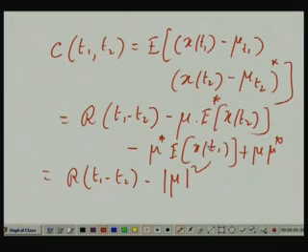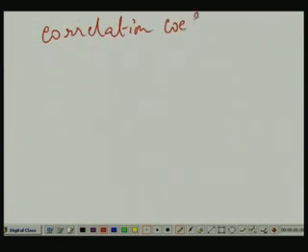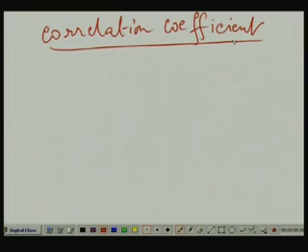Then there is some definition of correlation, covariance, correlation coefficient. Correlation coefficient, maybe you can call the R tau, is nothing but the correlation.